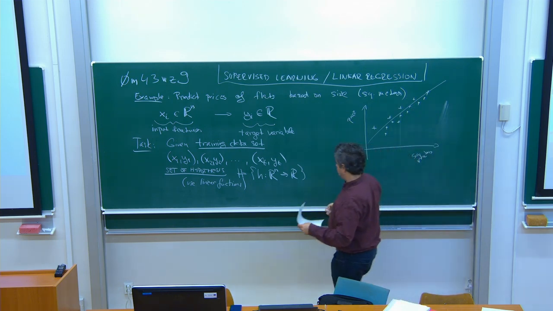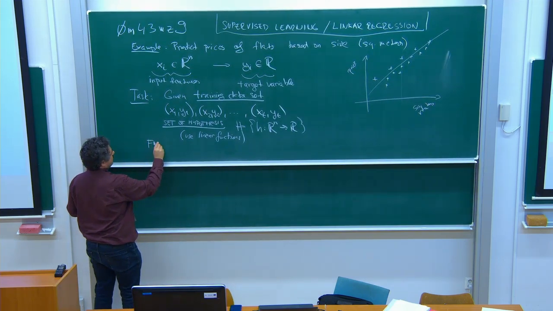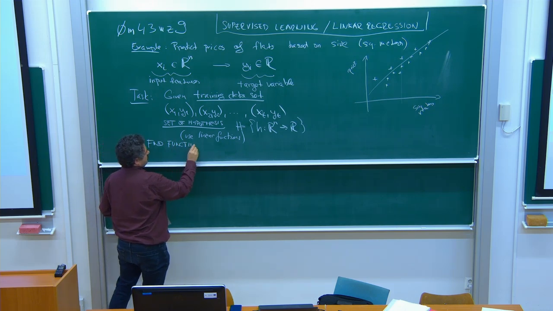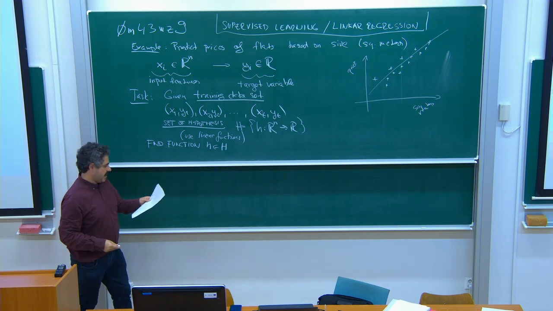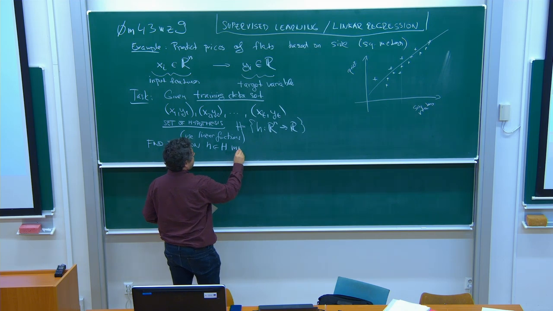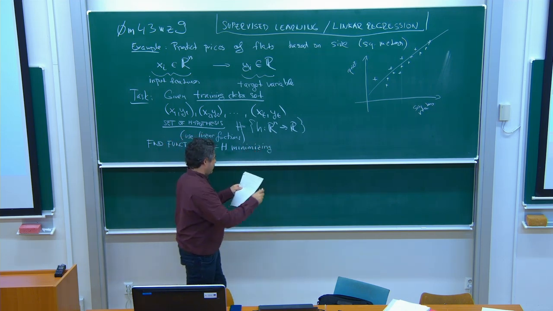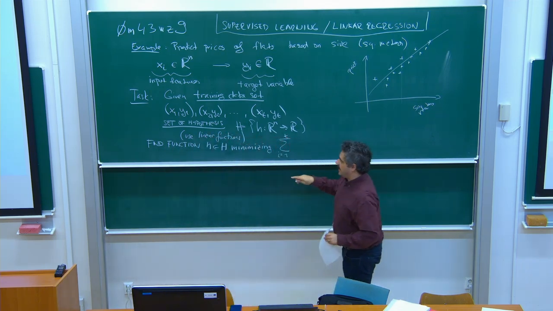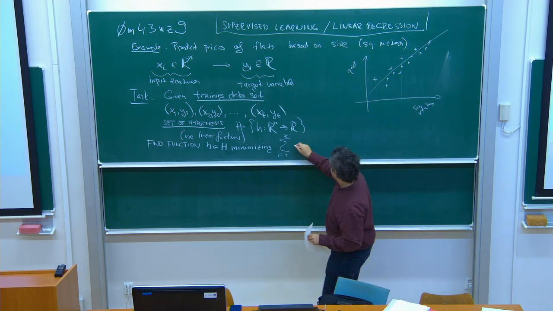Okay? So the task is to find a function h from this hypothesis space that minimizes some kind of error. So basically you want to go through all training examples, right?